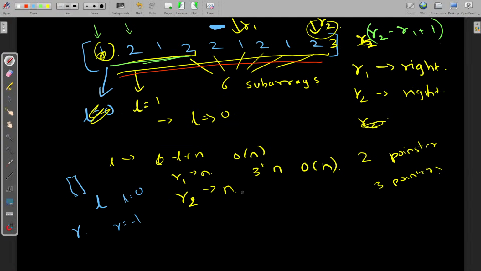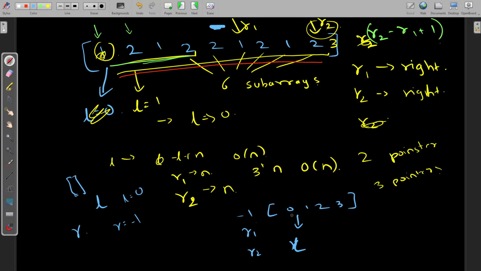That means if this was my array, then my L pointer actually starts from position 0, but my R1 and R2 start from position -1. So this is just an implementation level detail, because sometimes when you are trying to count the number of subarrays, there might be zero subarrays, there might be an empty subarray.